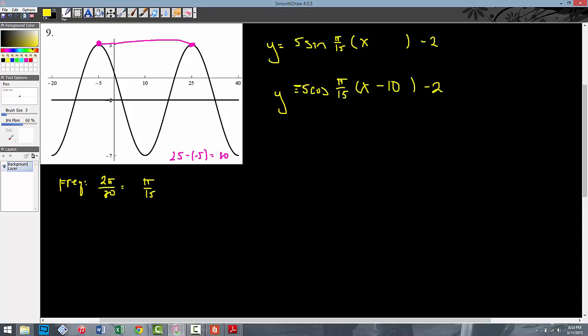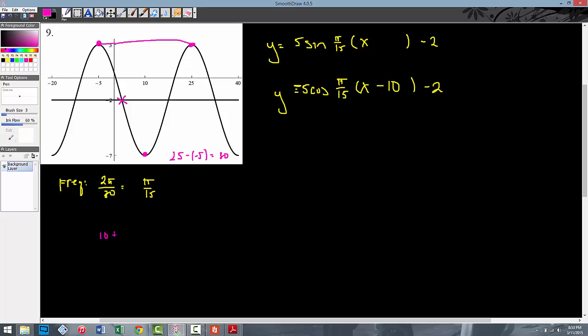Just like the last example, finding the phase shift of sine is going to be a little harder. And so why don't we go ahead and try and look at this peak to this valley. Again, you could have chosen any one of them. It doesn't really matter. I'm going to go ahead and find out where this intersection point is. So it looks like this occurs at -5. The peak occurs at -5 and the trough occurs at 10. So I'll go ahead and average those two values together.